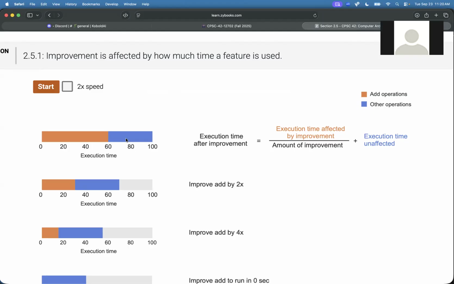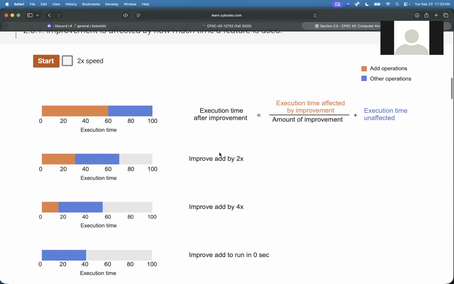And then what they're trying to get across here is that if you were to improve the add instruction by 2 times, right? You're like, okay, it's twice as fast now. But your entire program is not twice as fast, right? Because if you improve the add operation by 2 times, it makes the orange bar smaller because the orange bar is the add operation, but the blue bar stays the same length.